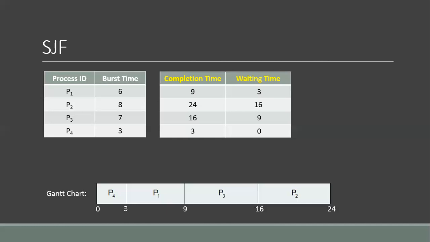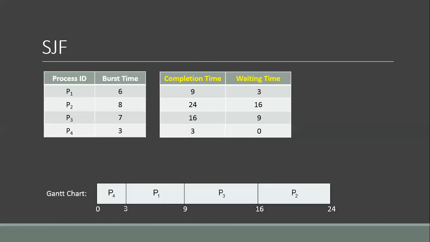By looking at the Gantt chart, we will find that process P1 started its execution at time 3. This means P1 has been waiting for 3 time units, 3 milliseconds, in the ready queue. So the waiting time for P1 will be 3 milliseconds.